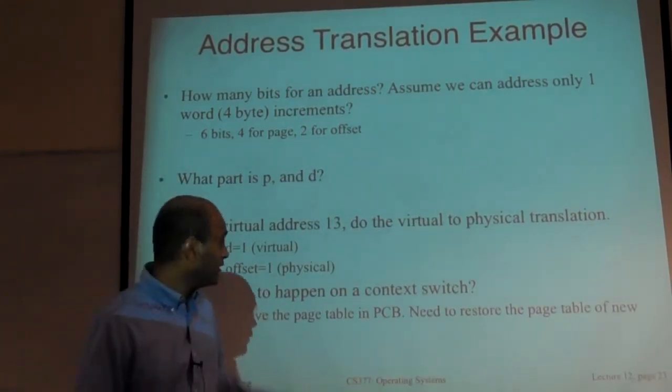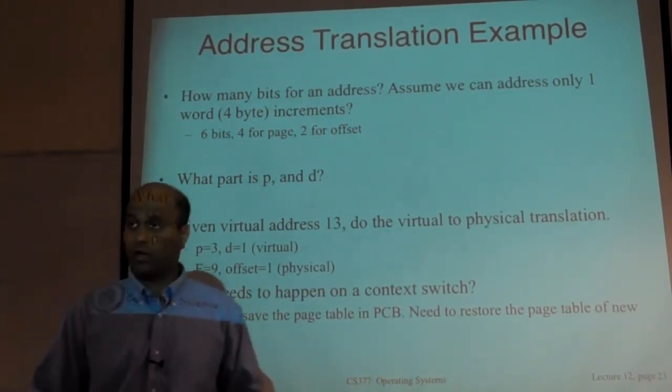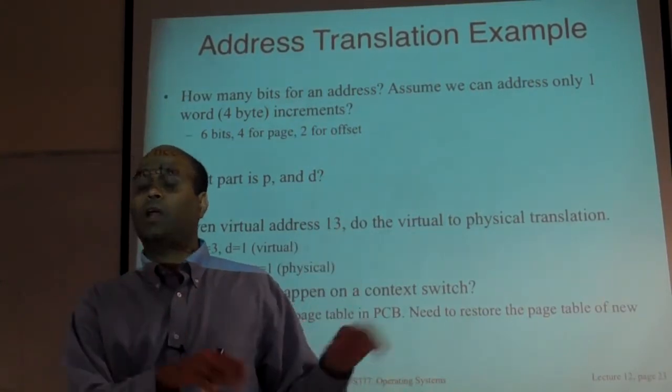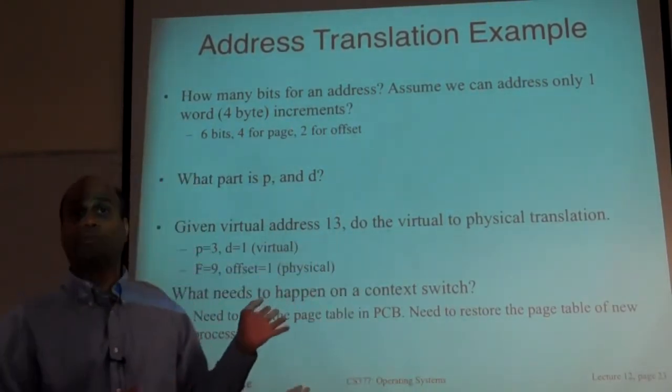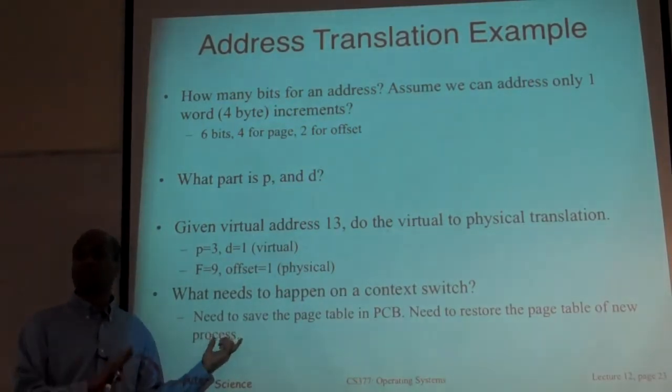Okay, so that's the address translation. The last point here is what needs to happen on a context switch. All the things we said previously, the program counter, the stack pointer, all of that has to be stored in the process control block. In addition, the page table also has to be stored.